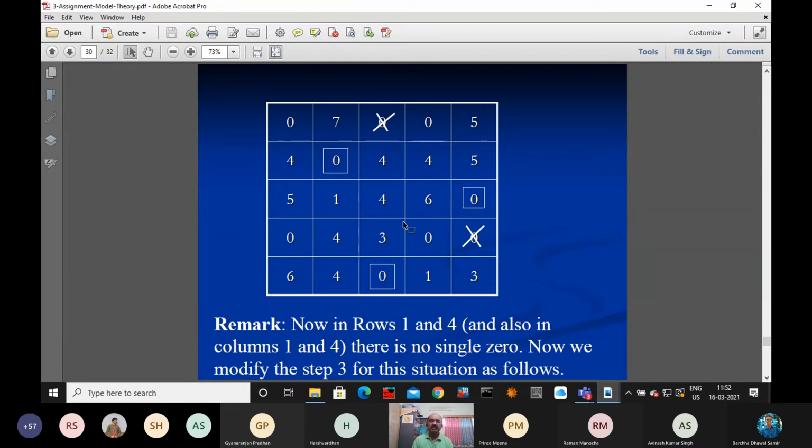You can select one of them, assign to this, and cross out the other. Once you are assigning to this, we cross out this one. In the same row we cannot have another, and in the same column we cannot have another. So as a result there is 1. Either you can take this and this, or this and this. So what is happening to this one?